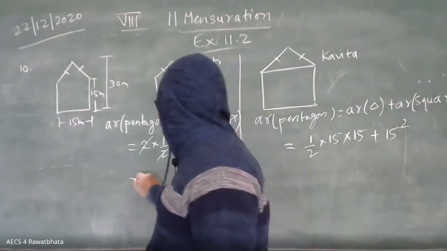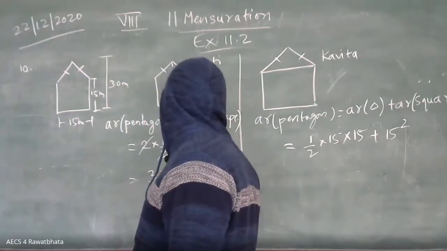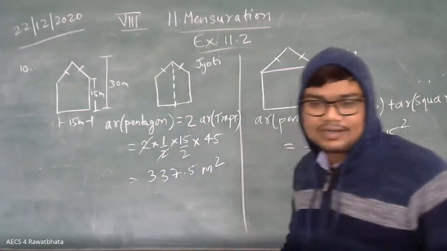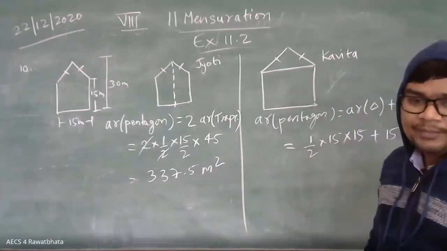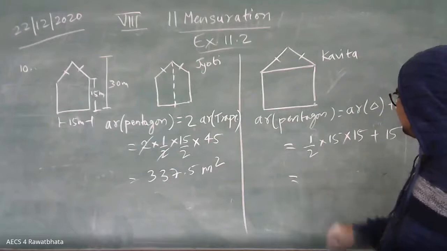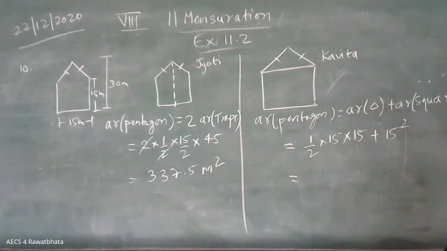The answer is 337.5 meter square. All of you got the same 337.5 meter square.